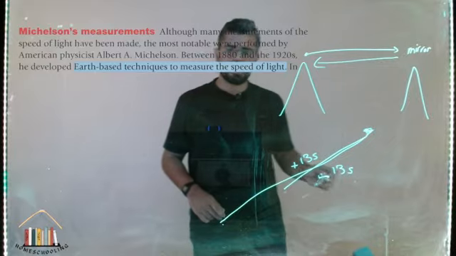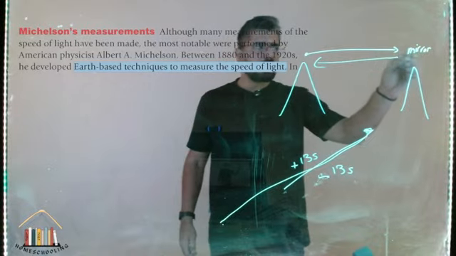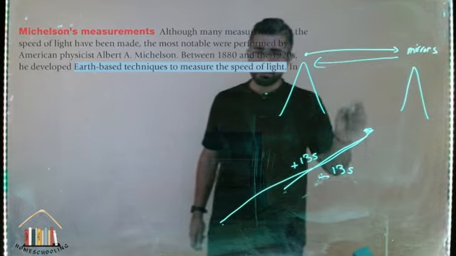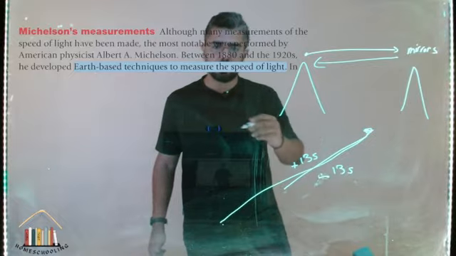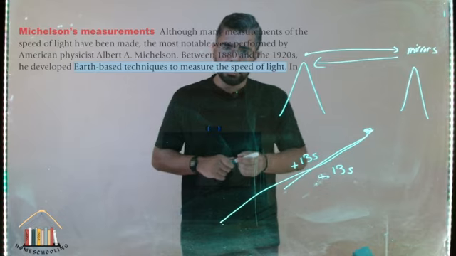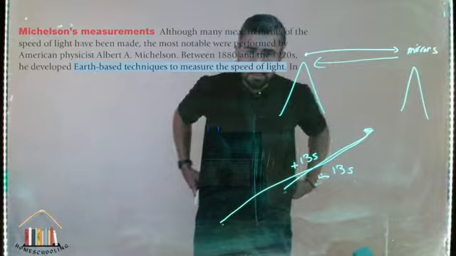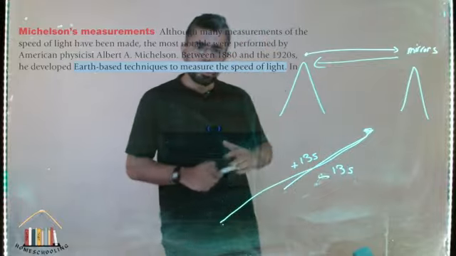He used his own instrument to measure light using mirrors, and he got a more precise value compared to Romer, the previous scientist.